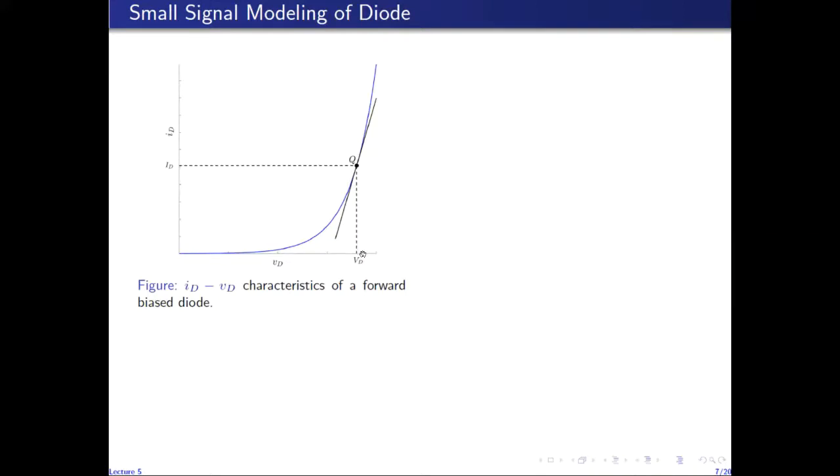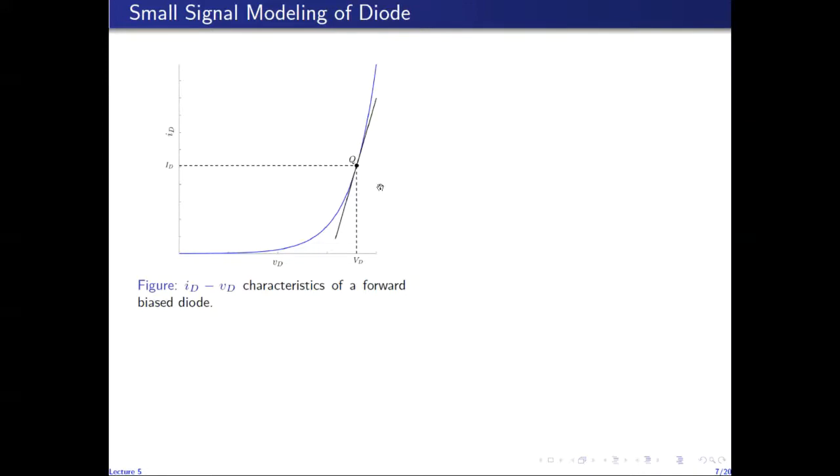So all this small signal approximation does is ensure that this perturbation in the form of the small signal, small vd, is so small that the corresponding perturbation in the output is so small that the instantaneous points on the curve are limited to the region of the curve which can be very well approximated by a straight line.